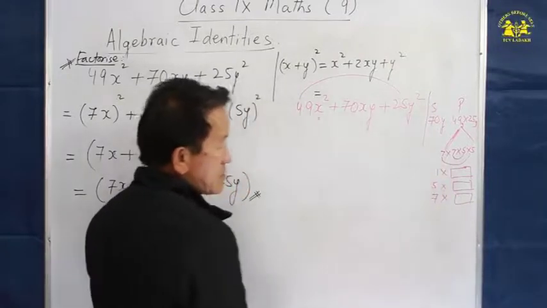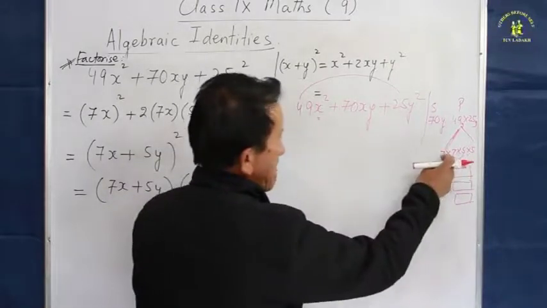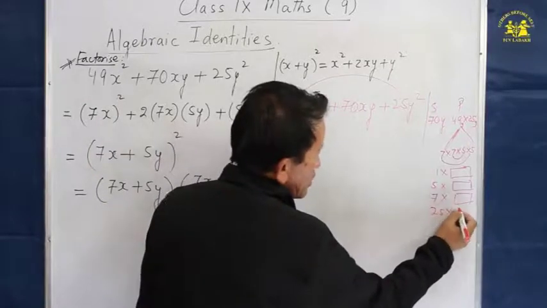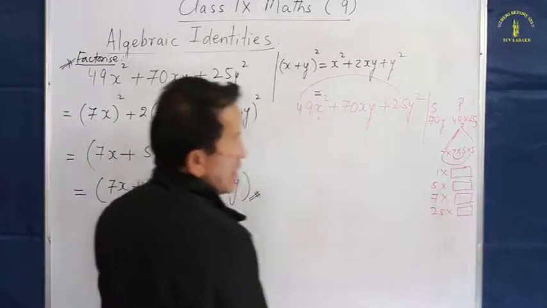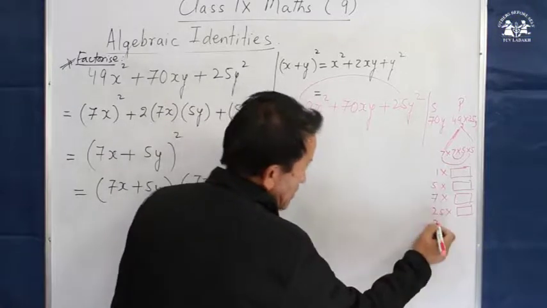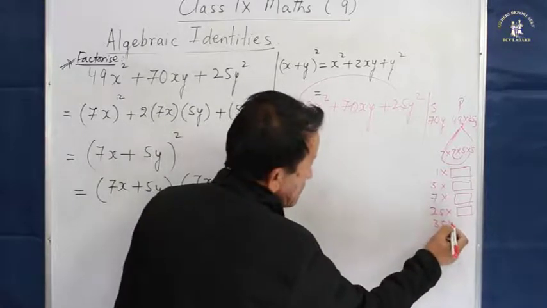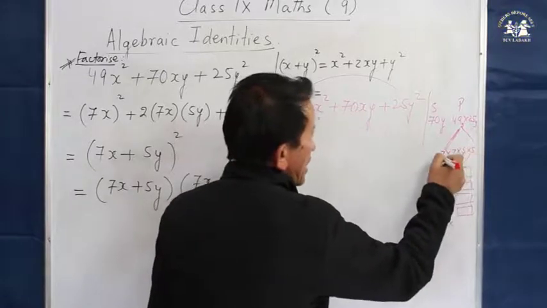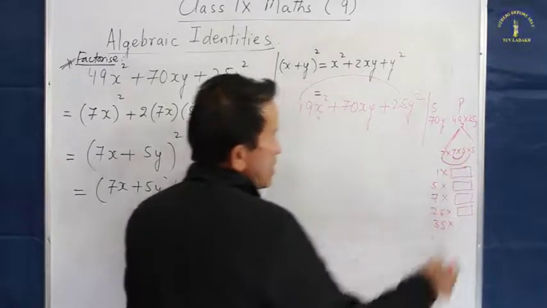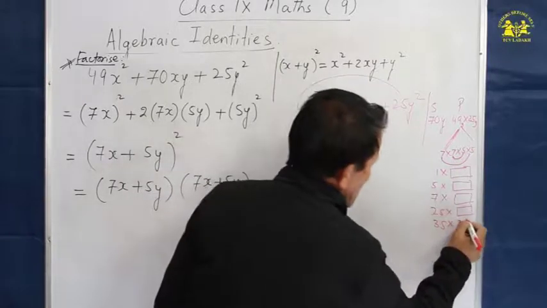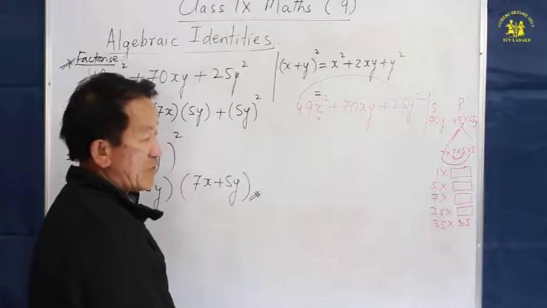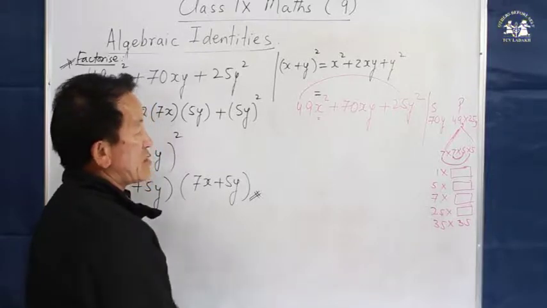The next will be 25, again no need to find the second number. And now the next number will be 35, since 7 fives are 35. The other number will also be 35. If you add 35 and 35, you'll get plus 70.